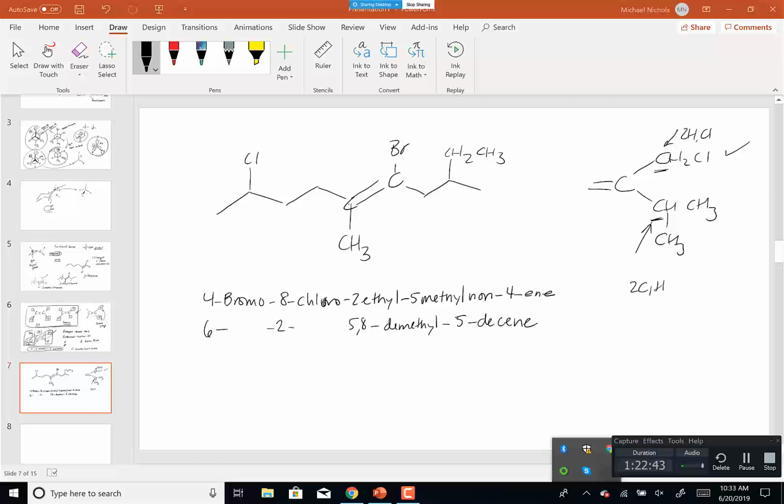If you look on the left, do you want to keep the bromo as 4 or 6? So then we got to put an E or Z in there. That's true. What is it? Z? So there should be a Z in front of both of these? Okay.